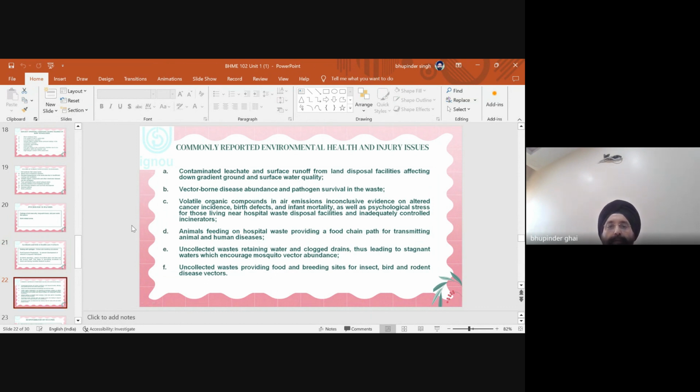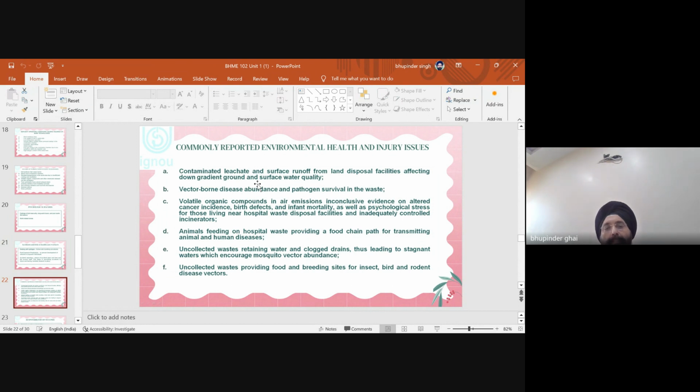So, commonly reported environmental health and injury issues. What are the commonly reported environmental health and injury issues? One is contaminated leachate and surface runoff from the land disposal facility affecting down-gradient ground and surface water.